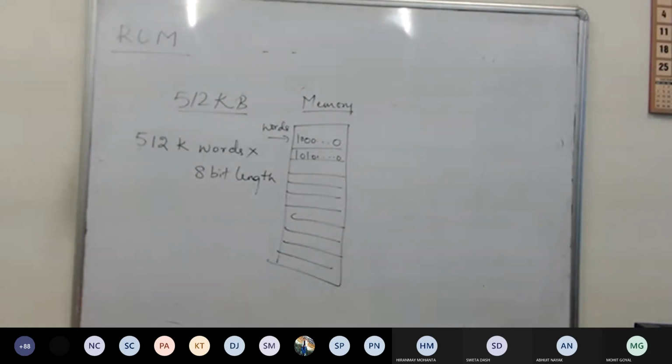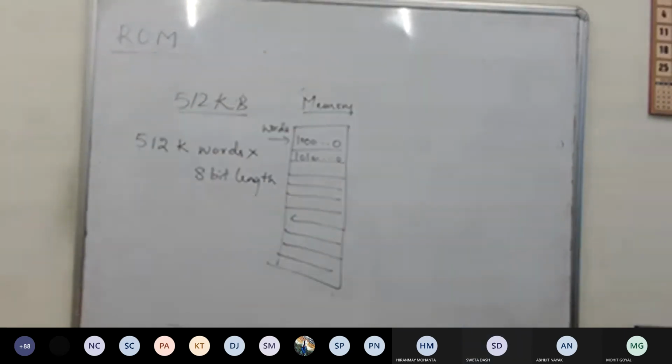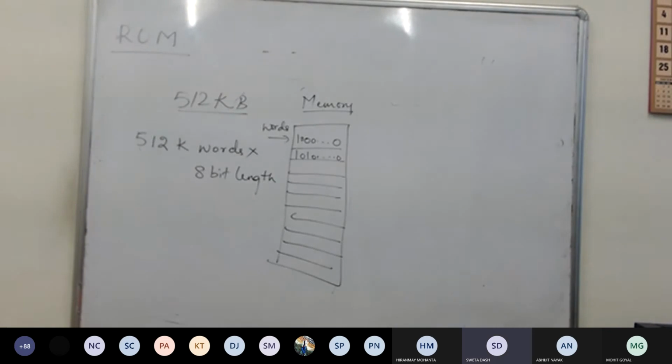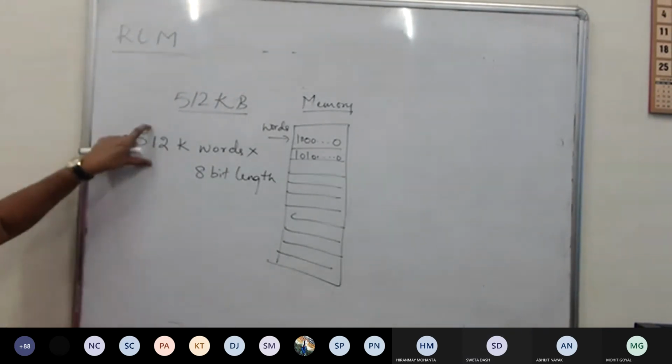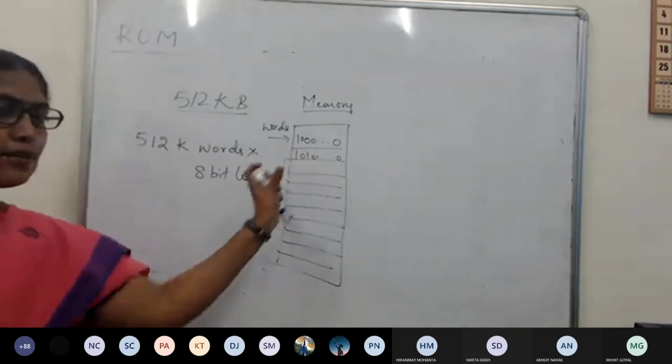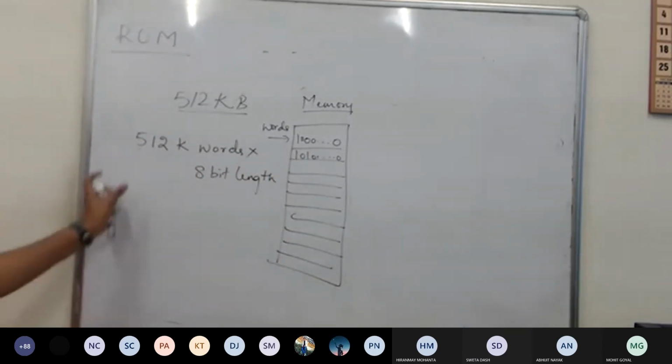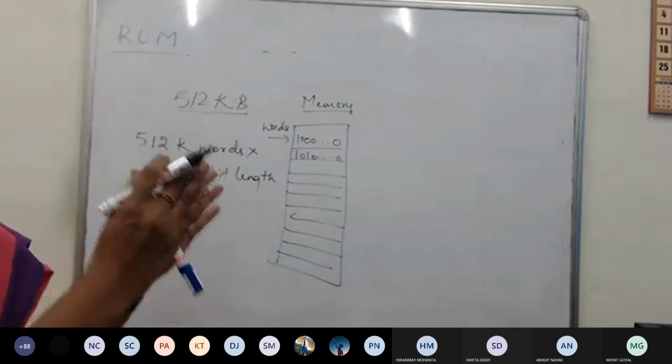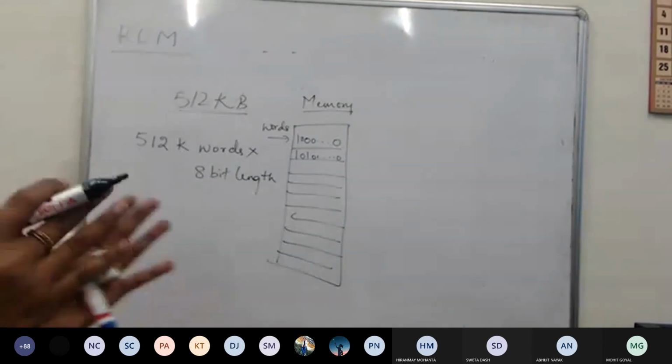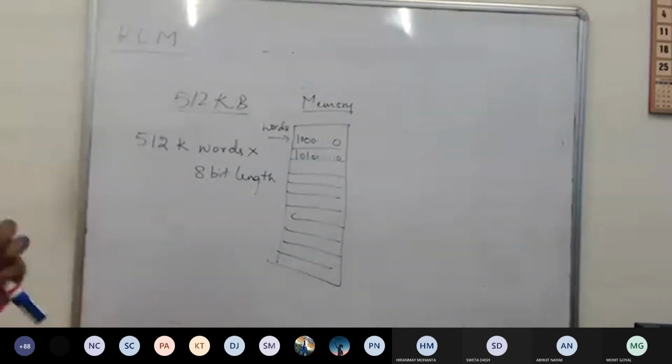Then you come to your 512, which means 2 power 9. Yes. Kilo means 2 raised to power 10. Yes. So all these come into the size. This becomes the number of bits. So the size of the memory is actually expressed as words by bits. Word by length. That is the size.